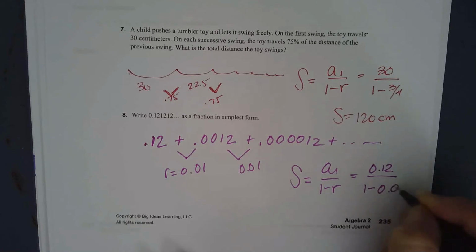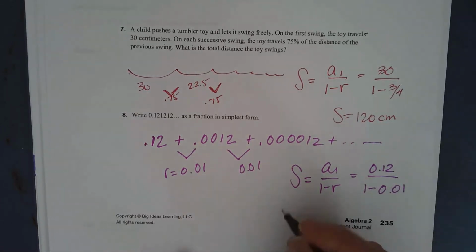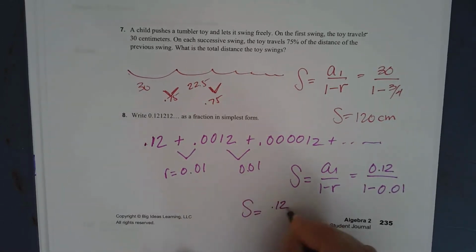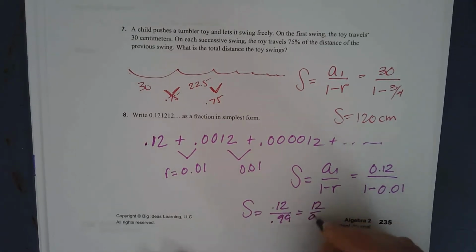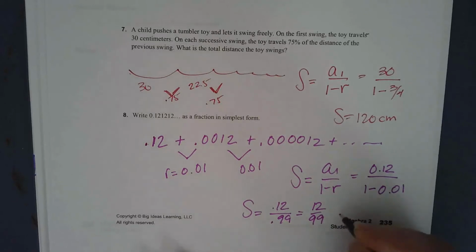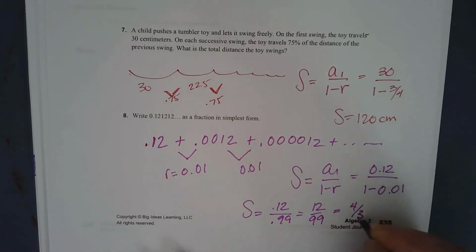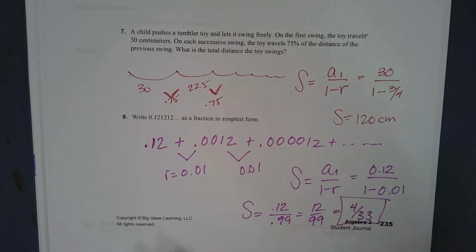My r value is 0.01. What I get here is 0.12 over 0.99, or in other words, if I reduce that fraction, I get 12/99ths, and if I reduce it even further, I get 4/33. So that's how you figure out the fraction.